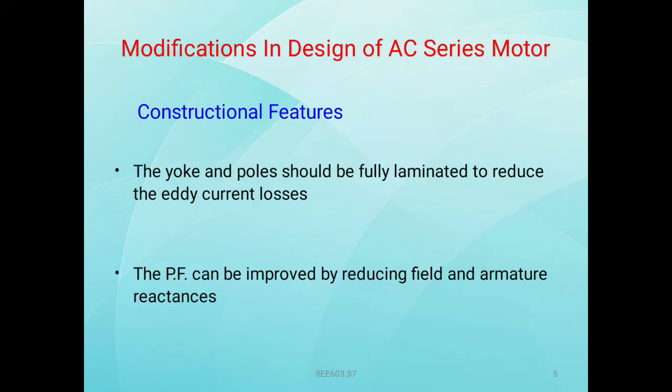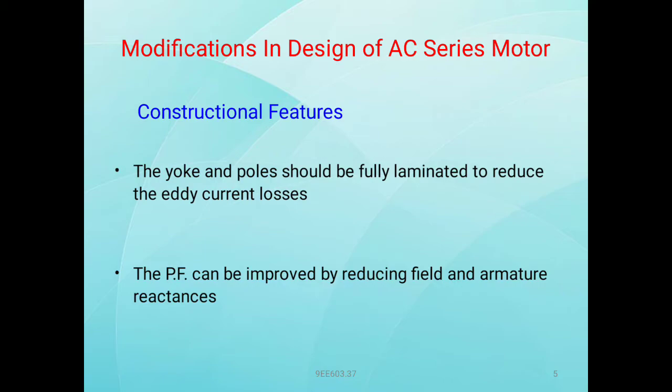Here the power factor can be improved by reducing the field and armature reactance. In an AC series motor, the losses are due to the alternating flux, that means we get losses in the core.